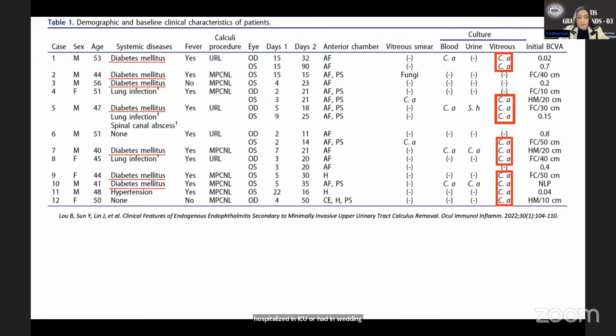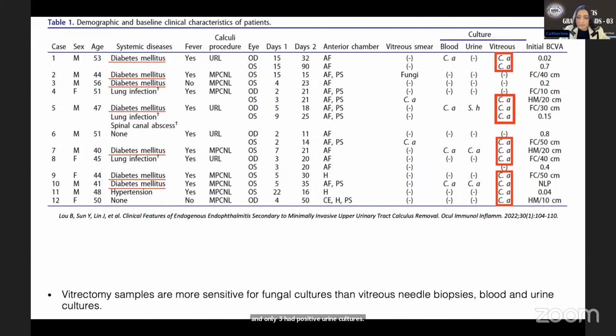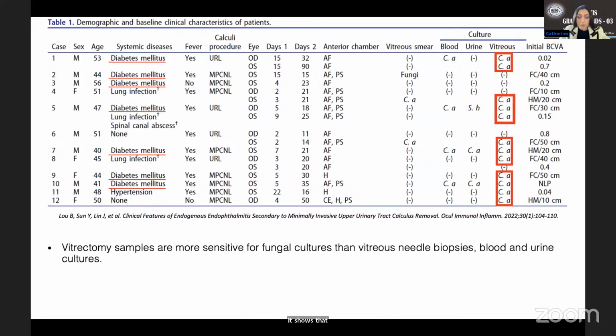This table demonstrates the results from the study we showed before from China. It's impressive that only 4 out of 12 patients had positive blood cultures and only 3 had positive urine cultures. It shows that vitrectomy samples are more sensitive, since in 10 out of 12 patients Candida was isolated in vitreous cultures.